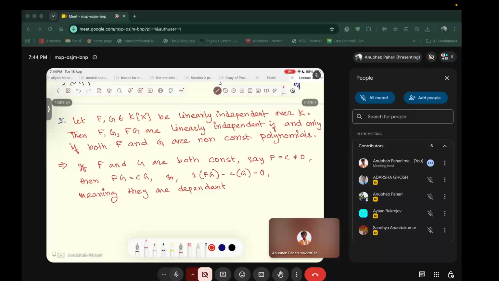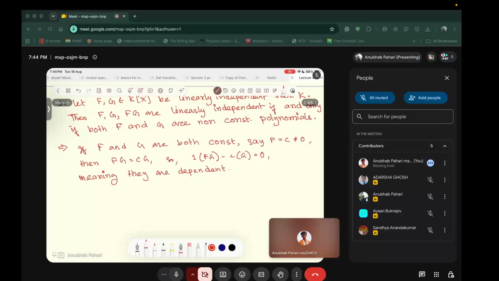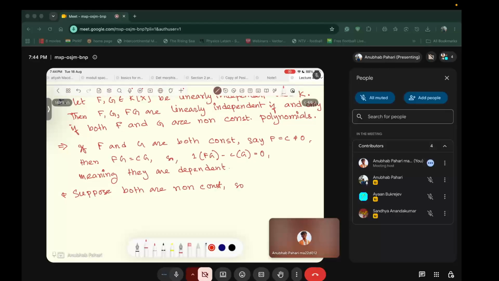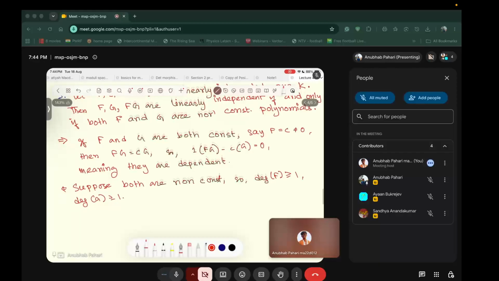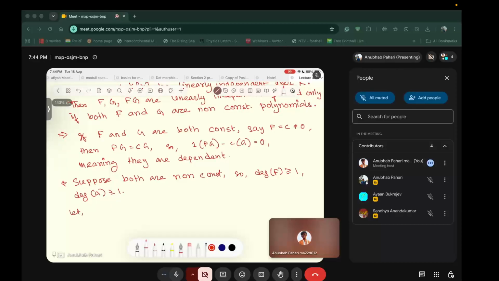Now suppose both are non-constant. So degree of f is greater than or equal to 1 and degree of g is greater than or equal to 1. Now let c1 of f, c2 of g and c3 of fg equal 0.